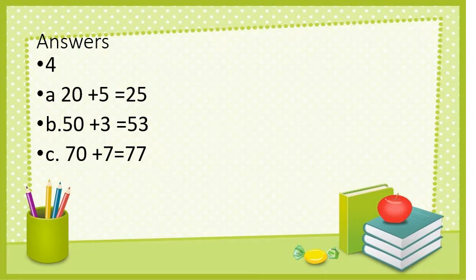Now next part B, 50 plus 3. Children, here there are 5 tens. So write 5 at tens place. And there are 3 ones. So write 3 at ones place. So children, the short form of 50 plus 3 is 53.